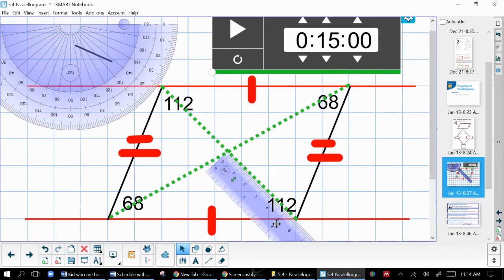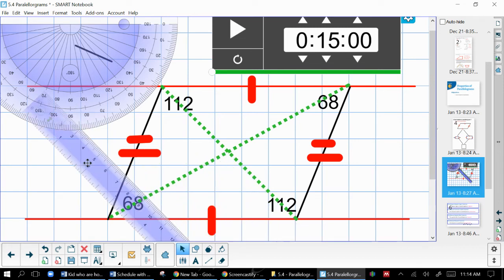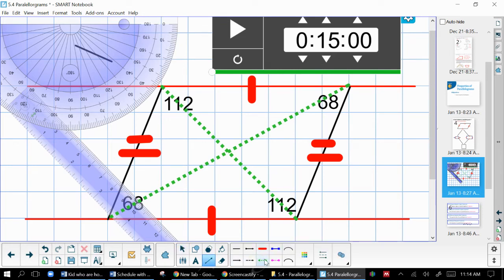From here to the other end, also about 5.5. So what happens here is when you draw on the diagonals, they cut each other in half. They bisect each other. So this piece here is equal to this piece, and this piece is equal to that piece. So I can go in and just add in that piece and that piece are the same, and then that piece and that piece are the same.